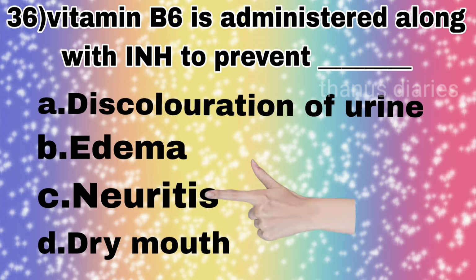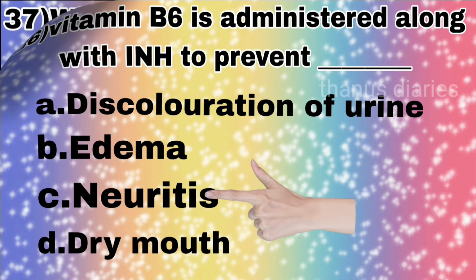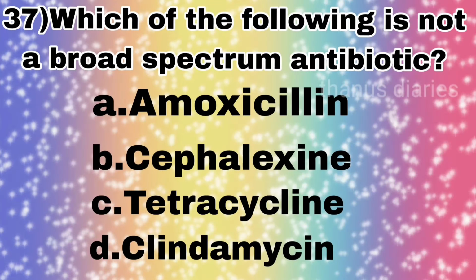And the answer is it is to prevent neuritis. Next question. Which of the following is not a broad spectrum antibiotic? Amoxicillin, cephalexin, tetracycline, clindamycin. And the answer is clindamycin.